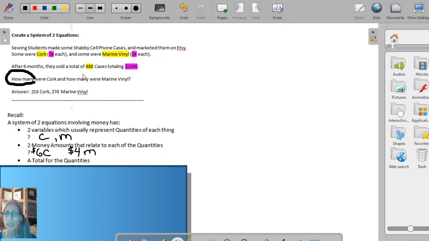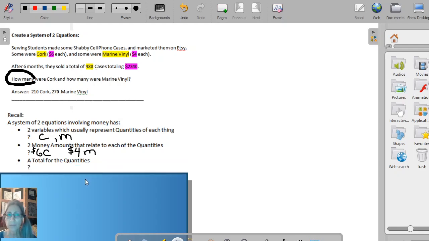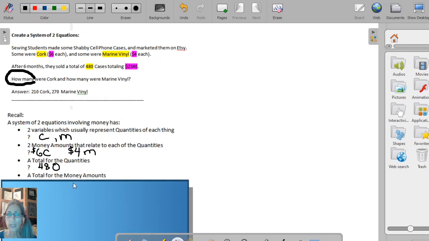And that total is 480. That's how many were sold total. And then one more characteristic, it also includes a total for the money amounts.